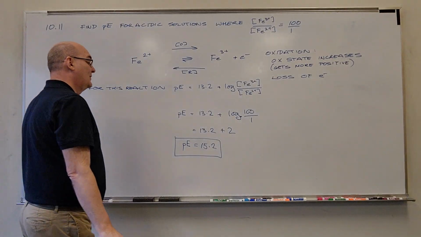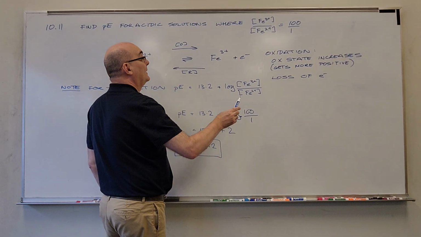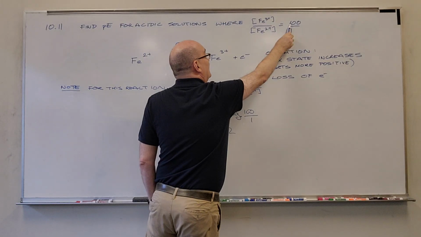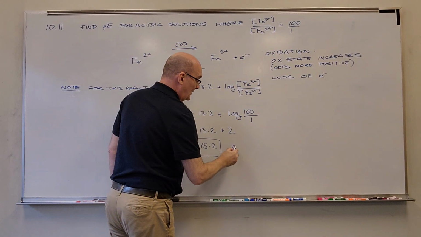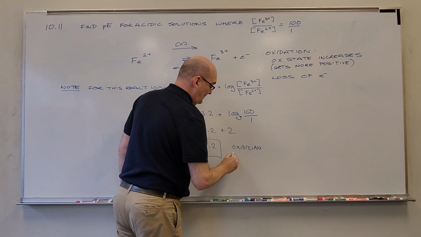And when the numbers are larger, that's associated with oxidizing environments. And this is an oxidizing environment because I've got 100 of those for every one of these. So this is an oxidizing environment.